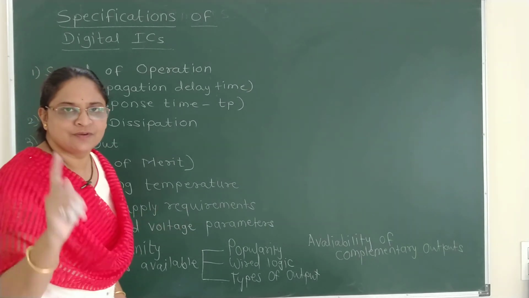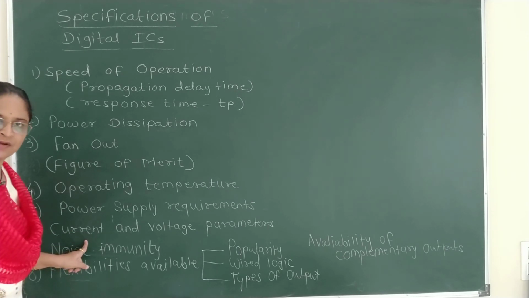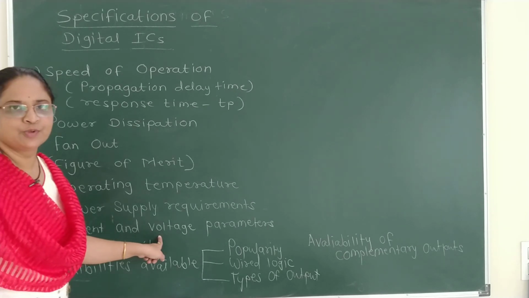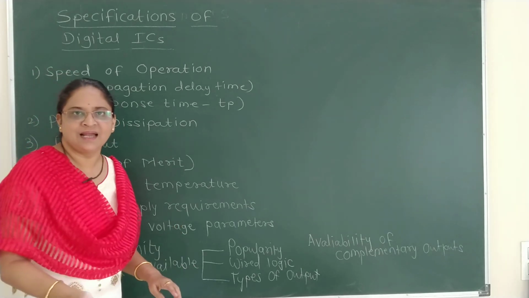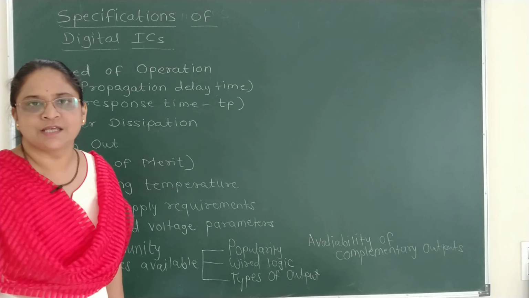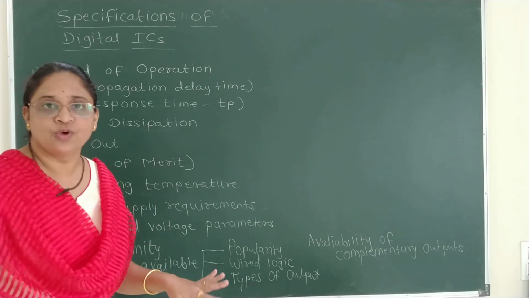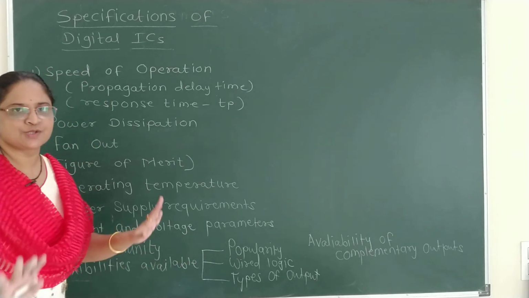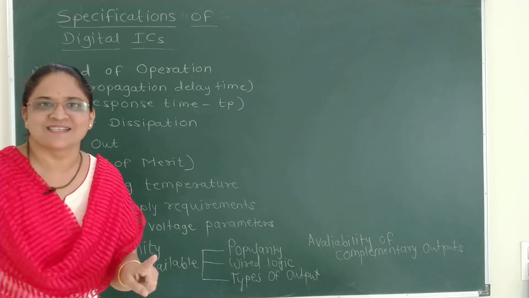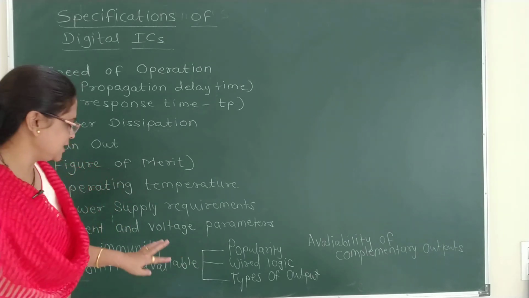According to the given power supply, what are the low level input current, low level output current, low level input voltage, low level output voltage, similarly high level input and output currents, input and output voltage levels, and supply current in the case of low voltage and high voltage. So all these current and voltage parameters, a total of 10 parameters, have to be discussed. How many parameters do we have to check here? 10 current and voltage parameters.